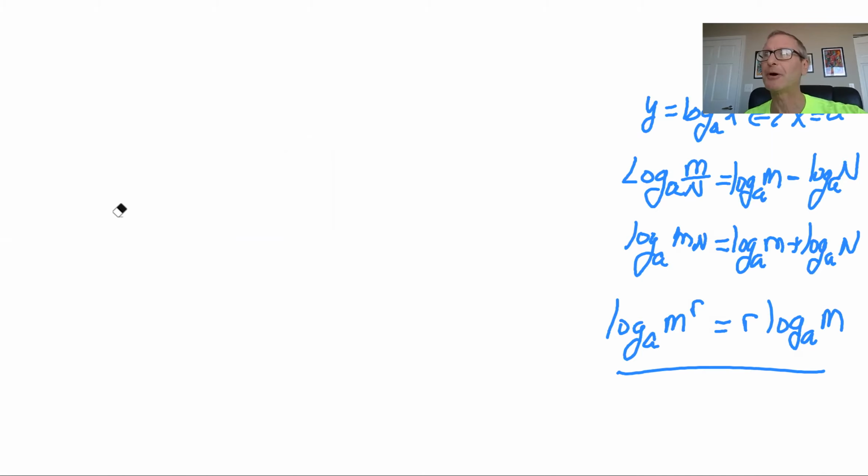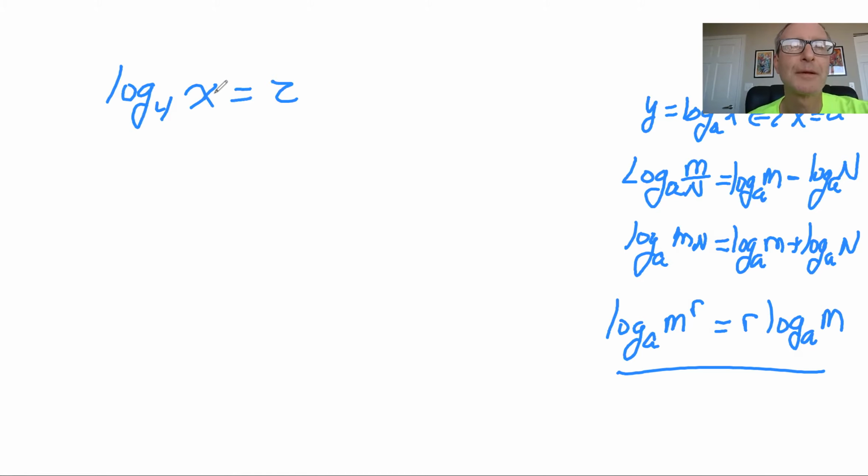But with that, we do have some other log equations to introduce you to and how to solve those. So let's start with one that's reasonably simple. Say like we have log base 4 of x equals 2. So how do you solve this one?